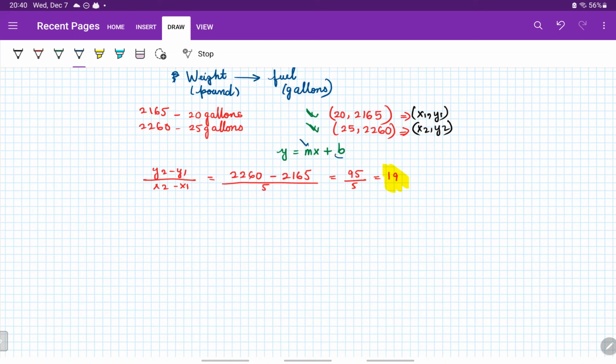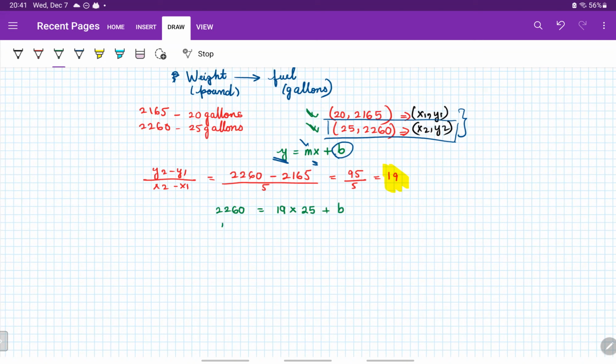we need to find what b is. Again, we can use any of the y and x values from these two ordered pairs to find our b value. No matter which one you choose, you're going to get the same answer. Here I'm going to use the second point, the one with 25 and 2260. So, okay, let us plug in. y is 2260, which is equal to 19, which we found using the slope formula, times 25, which is the x value, plus b.